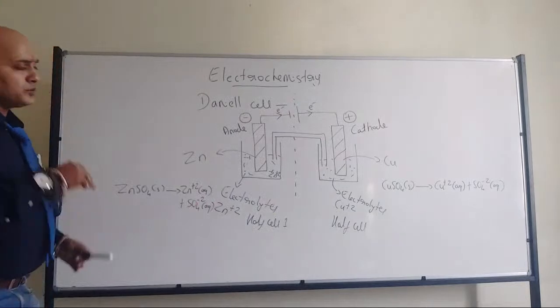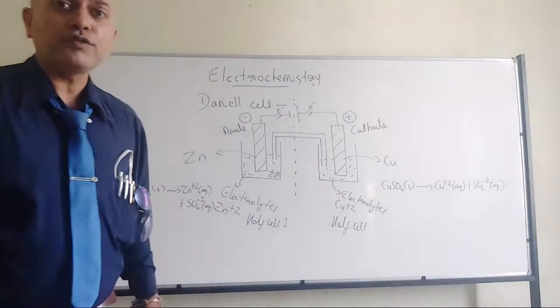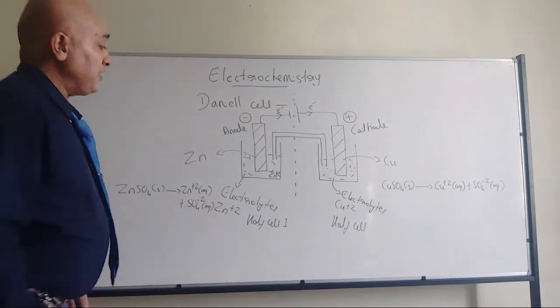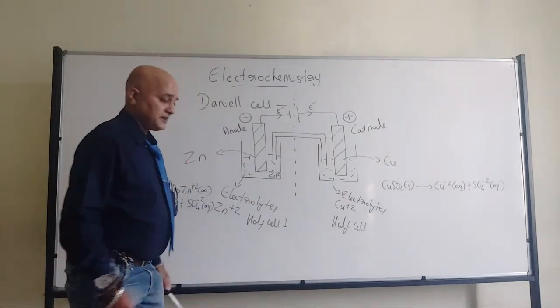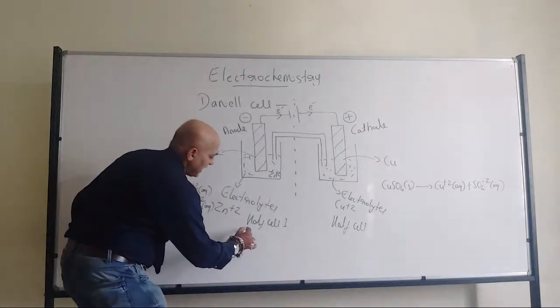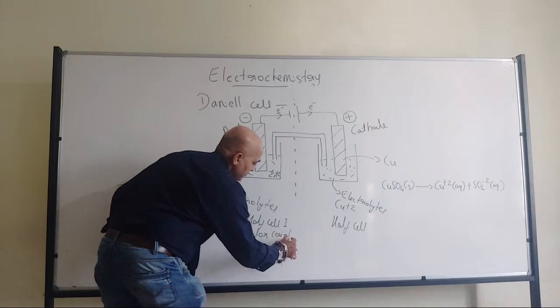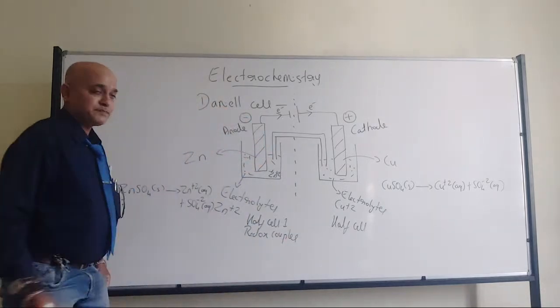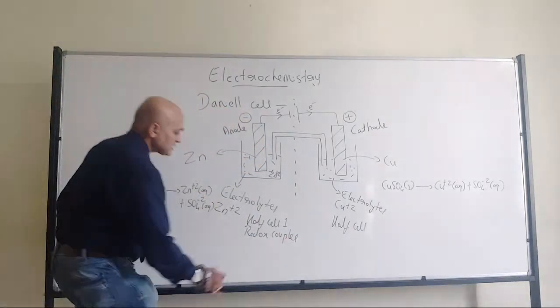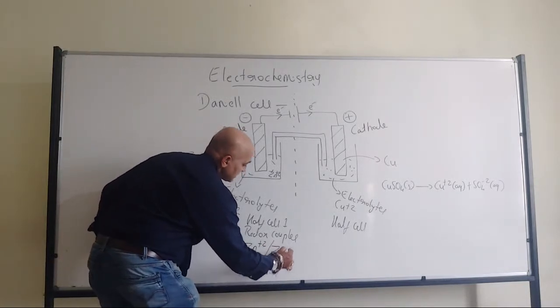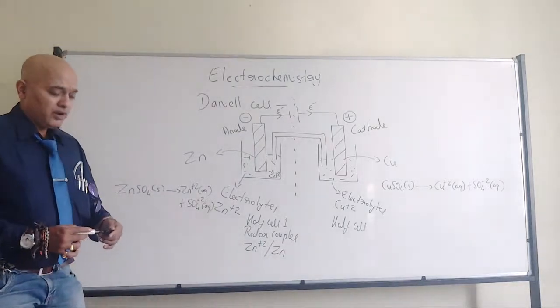So two half cells come together to form the electrochemical cell. Each half cell will have its own redox couple. So in this half cell the redox couple will be zinc plus 2 and zinc.